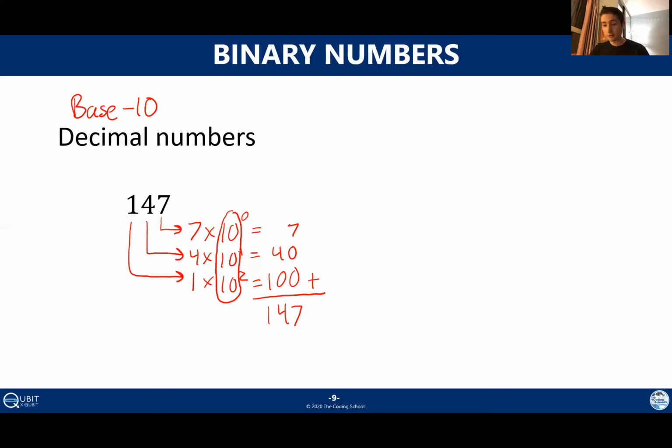Now, there's no particular reason why this number should be a 10. I've always thought it was just because humans had 10 fingers. I guess there's some controversy around that, but the bottom line is there's no reason this has to be 10. And in fact, computers clearly don't have 10 fingers. Instead, what computers have is these arrays of switches.